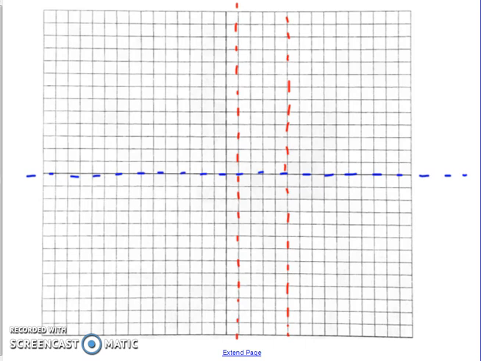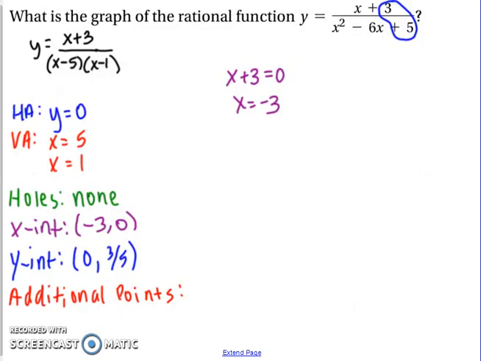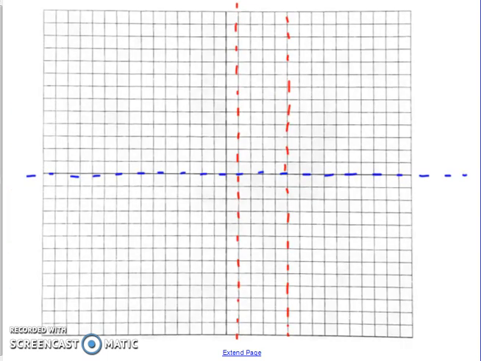Now we're going to start to plug in some points that we know. So we have negative 3, 0 as an x-intercept. Now if we look at this, there's kind of a problem, but not really. We know that asymptotes are boundary lines, and that's something that our graph can't touch or cross.